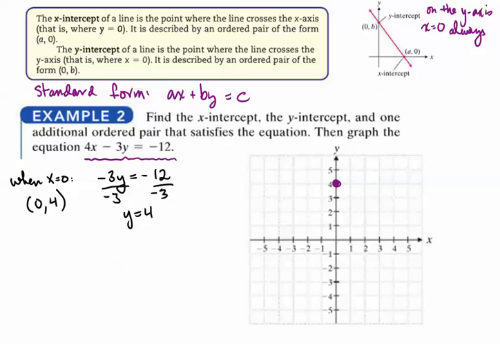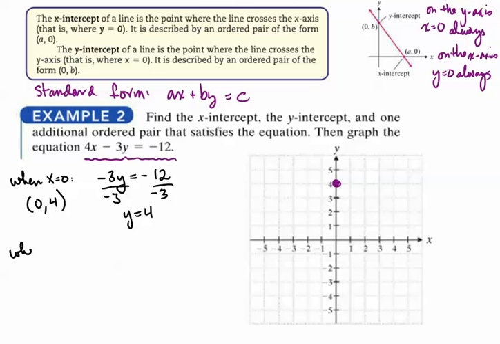Now, how about the x-intercept? Well, the x-intercept is the x-coordinate of the point where the graph crosses the x-axis. And on the x-axis, y is equal to 0 always. So let's see what that looks like. Again, if we want to find out where the graph crosses the x-axis, we simply have to set y equal to 0.